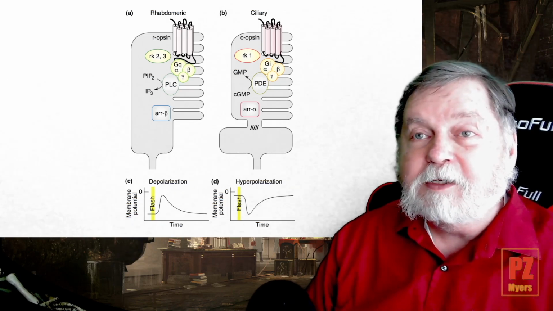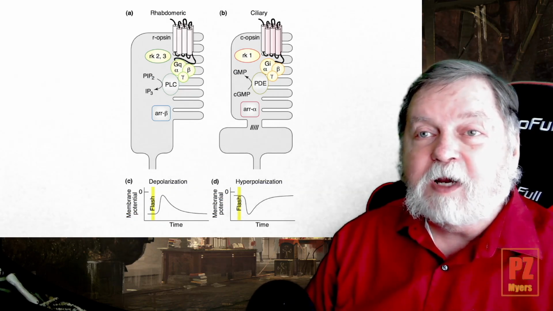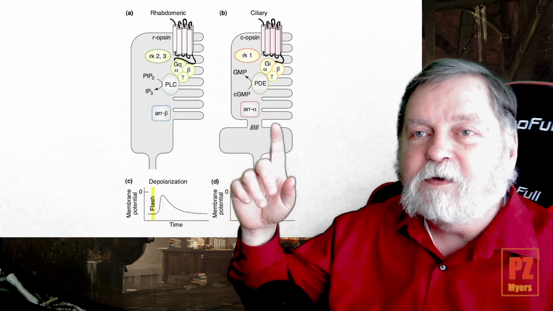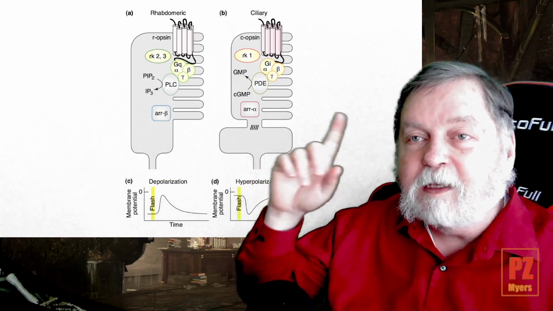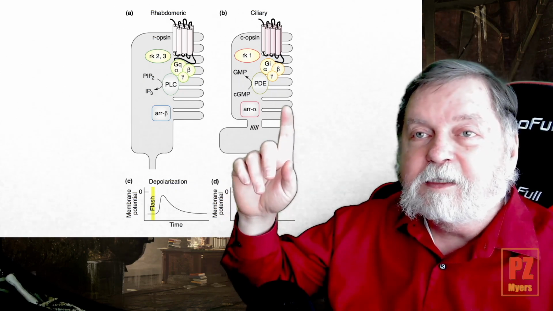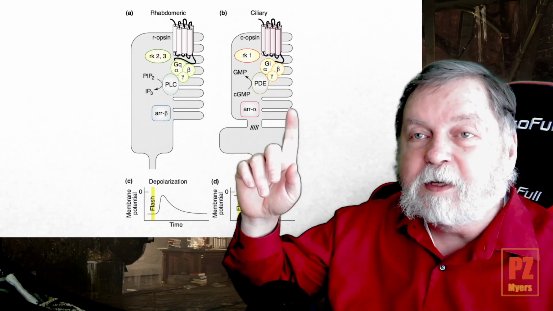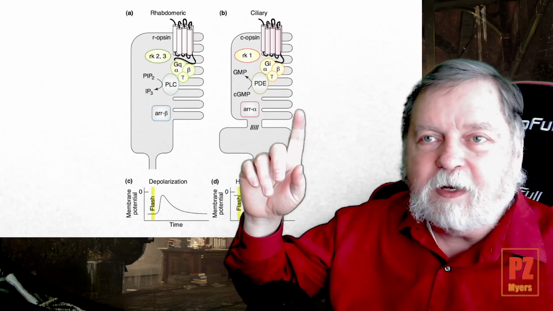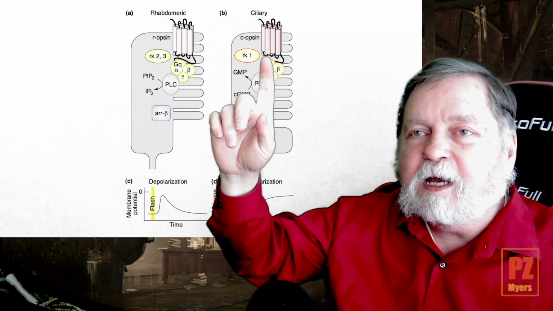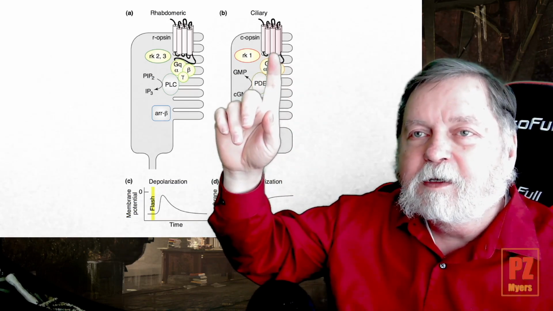Here's the complication: what I've been describing so far is this cell here. This is a photoreceptor, diagrammatically, in a vertebrate, for instance. And this is called a ciliary photoreceptor because it's modified cilia to make this thing. And in this diagram up here at the top, there's the opsin.